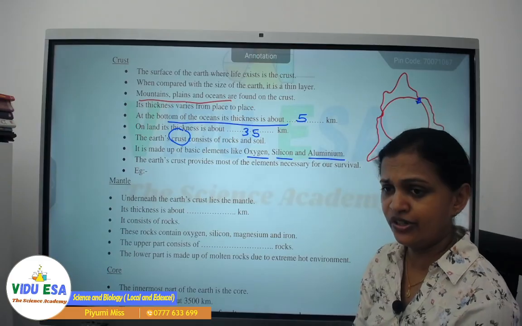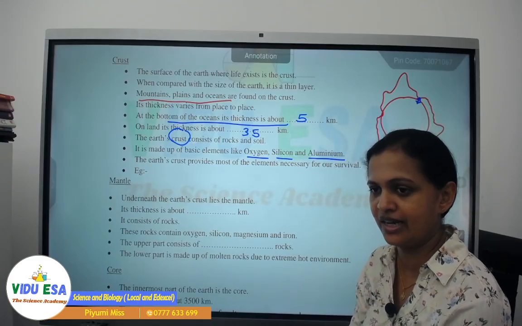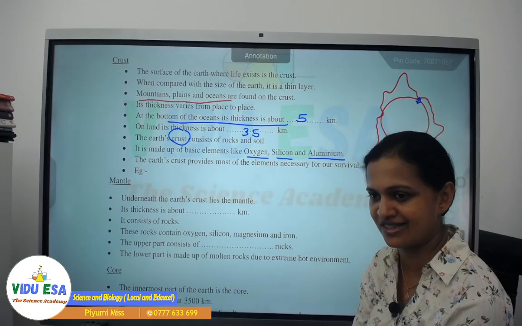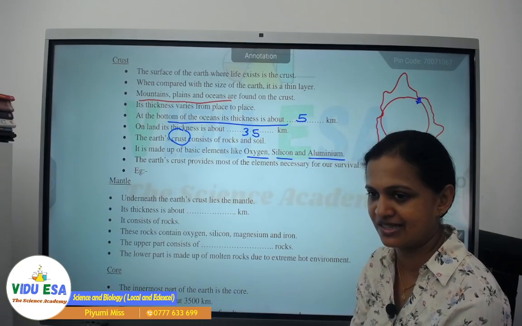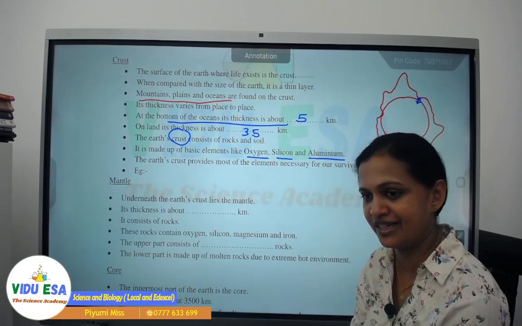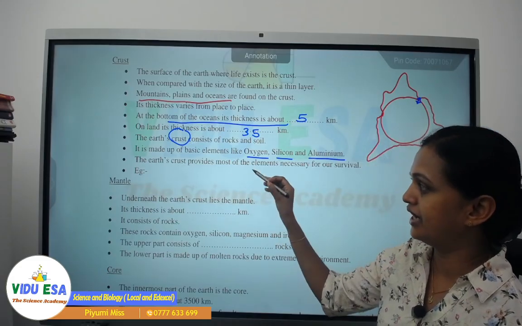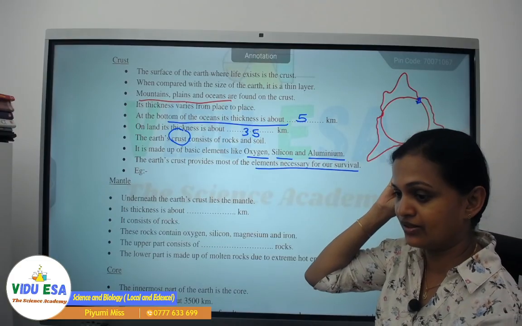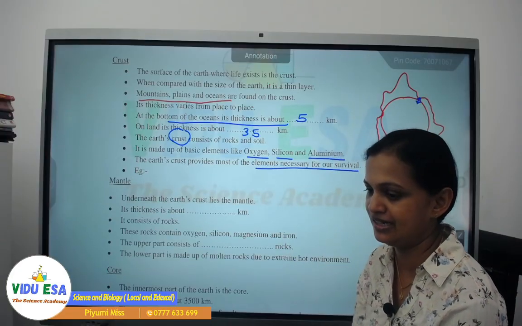So we obtain all these materials for agricultural activities, the fertilizer, all these are obtained from this Earth's crust. All the living organisms survive in the Earth's crust. And we obtain the building materials also from the Earth's crust. The Earth's crust provides most of the elements necessary for our survival. So rather than saying elements, here it's better to say materials, right?